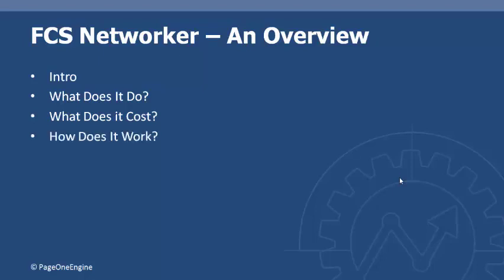So how does it work? Well, there's 2 parts to FCS. One is a very clever bit of software which runs on your desktop that creates all the different accounts. It creates Web 2 accounts, blog accounts, social accounts, and it does it all automatically.